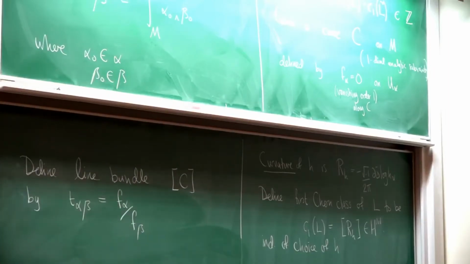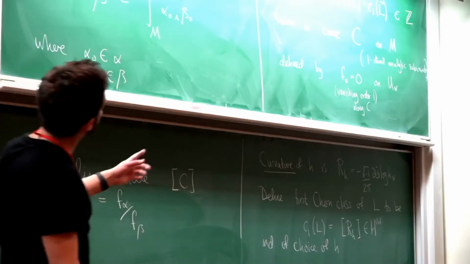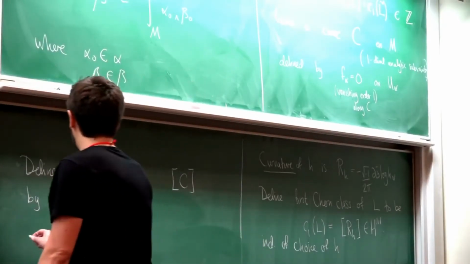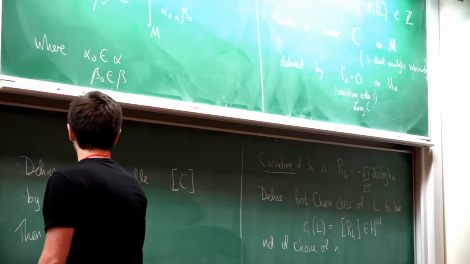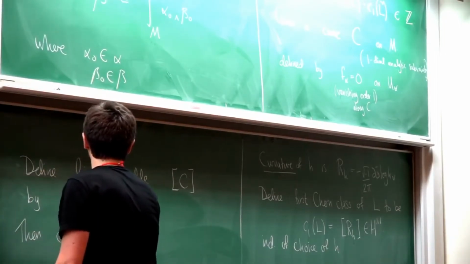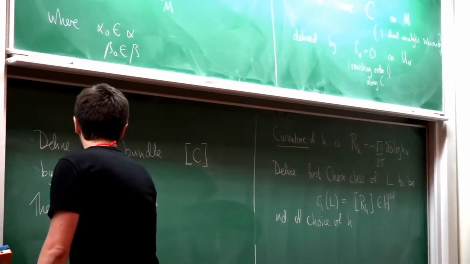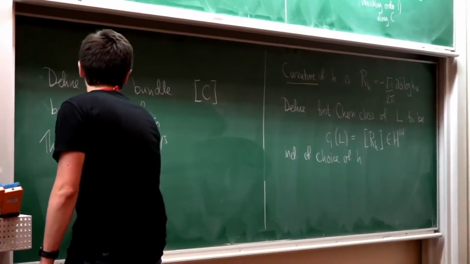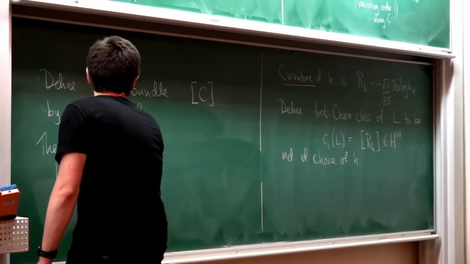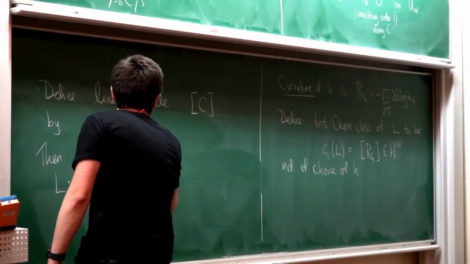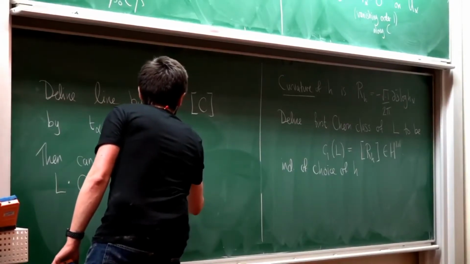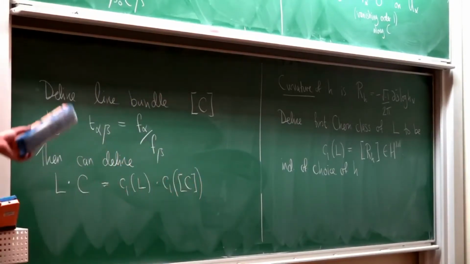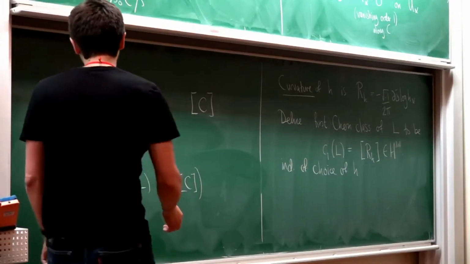So that defines for me a line bundle associated to a curve C, and then I can define objects like L dot C, which would just be C1 of L dot C1 of C. Because now it's a line bundle, I can talk about its first Chern class and so on.